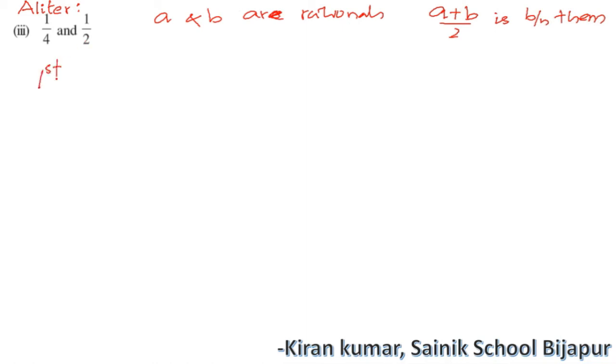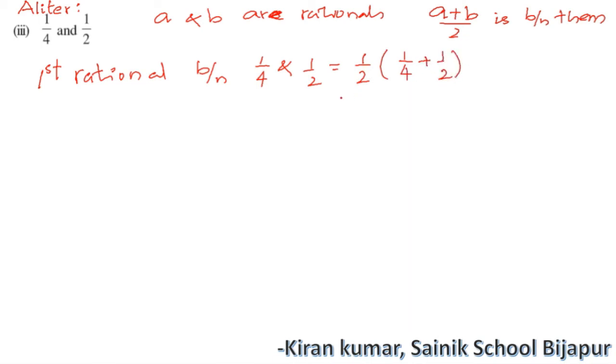I'll find the first rational number between 1 by 4 and 1 by 2, which is 1 by 2 times of 1 by 4 plus 1 by 2. The LCM of 4 and 2 is 4. So 1 plus 2, we get it as 3 by 8.